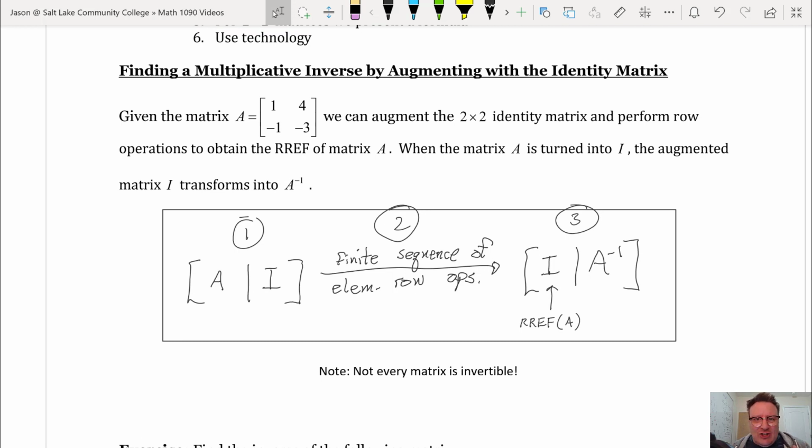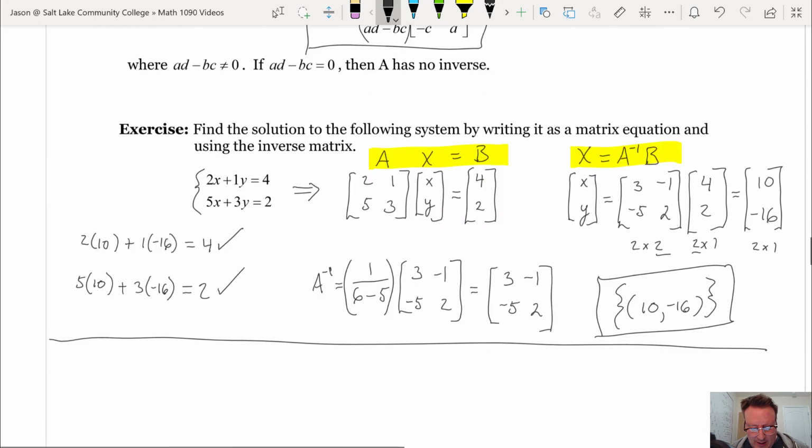So I'm going to take that generic ABCD matrix and augment it with the identity matrix, perform a finite sequence of elementary row ops, Gaussian elimination, and transform that augmented matrix so that it looks like this one with the identity on the left, and then A inverse will be on the right. So that's all. I'm going to do this algorithm.